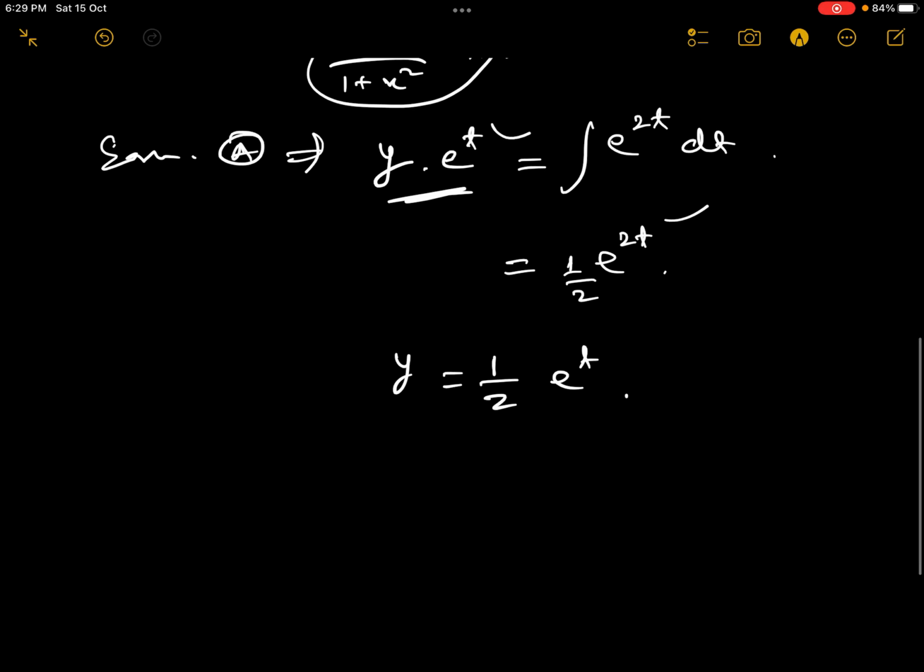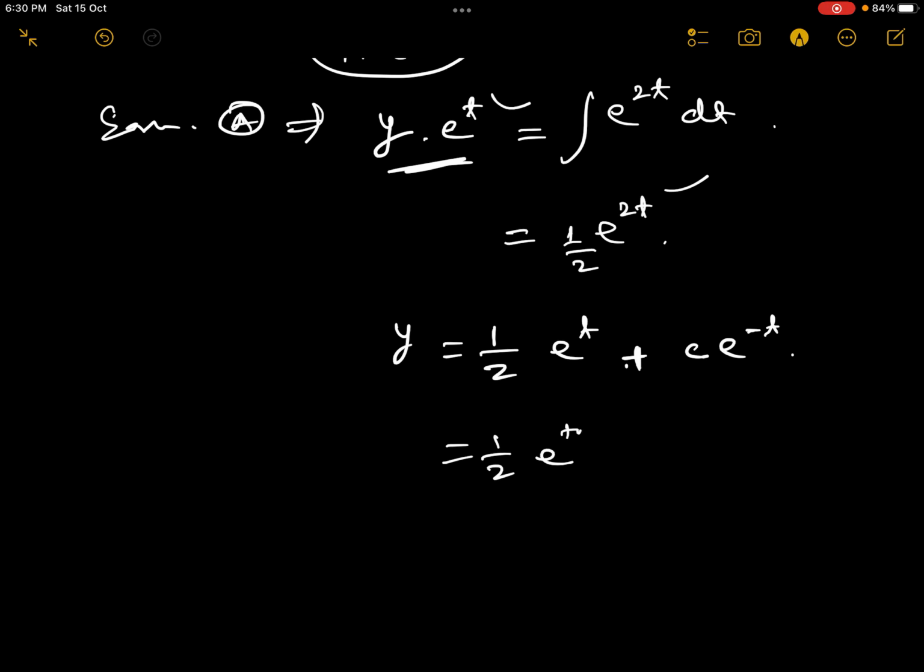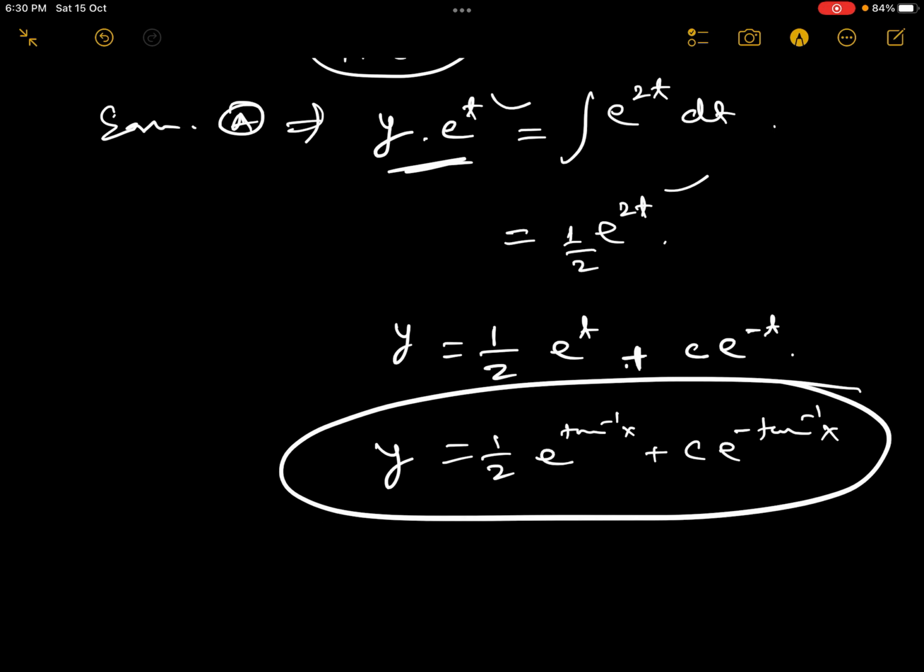This and this. 1 by 2 e power, okay, plus constant of integration also has to be there, e power minus t. So y equals e power tan inverse of x plus c e power minus tan inverse of x. So this is the solution.